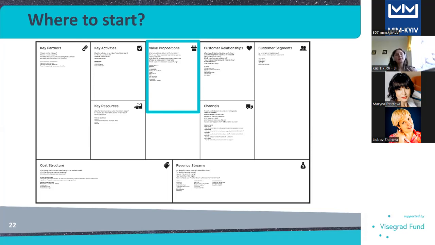That's what makes the Business Model Canvas human-centered and customer-oriented. If you start with it, then you know what your customers need, and you can start thinking, how can I solve their problems, or what can I do for them through my business?